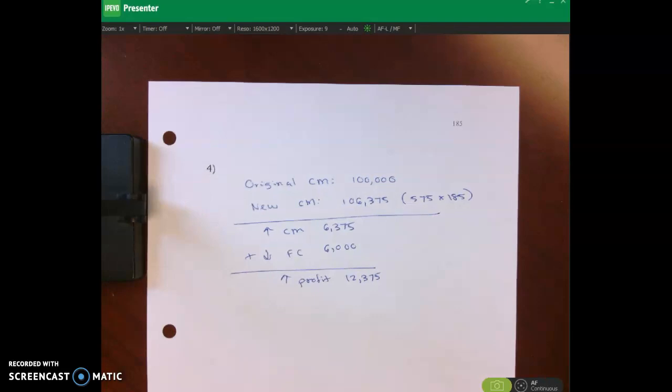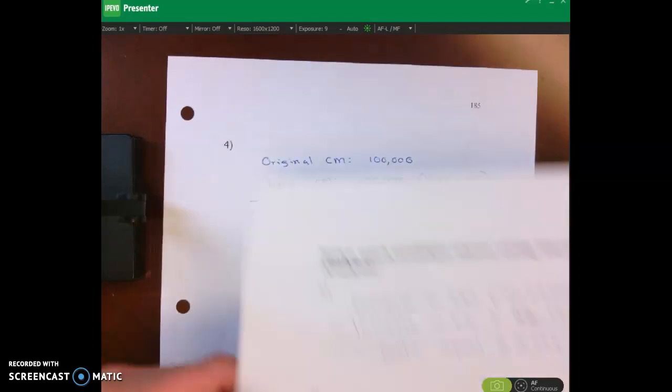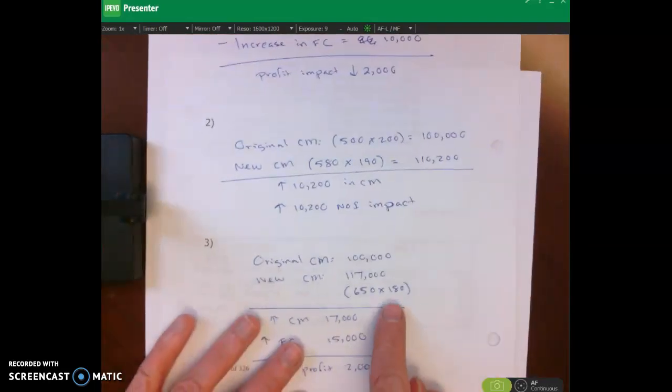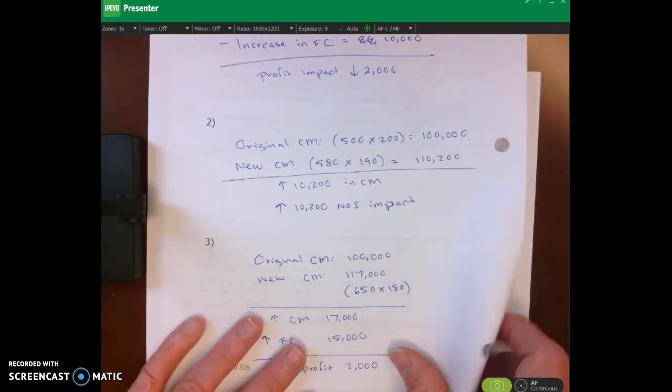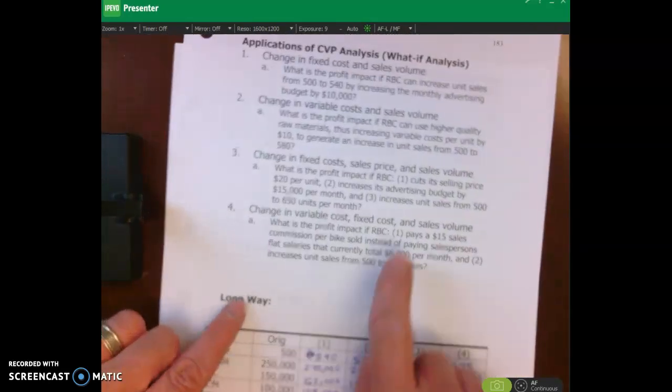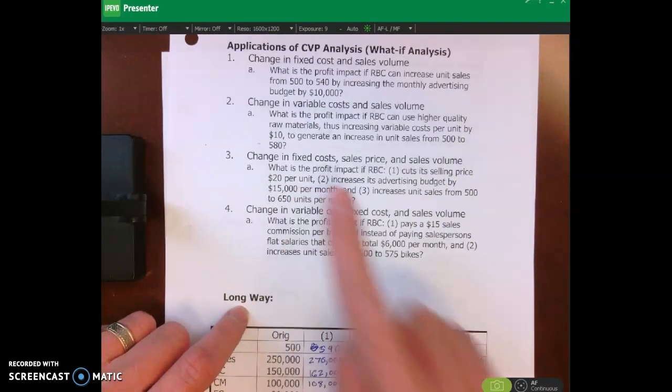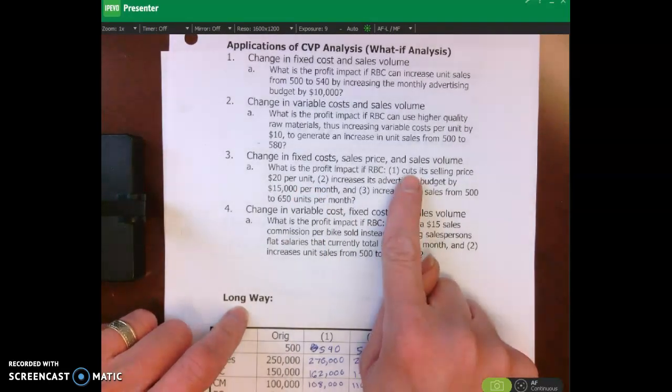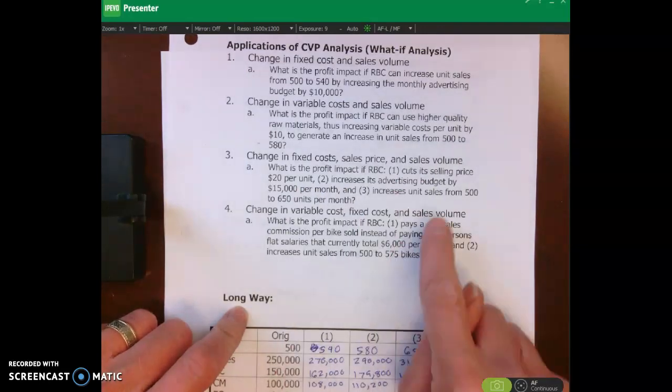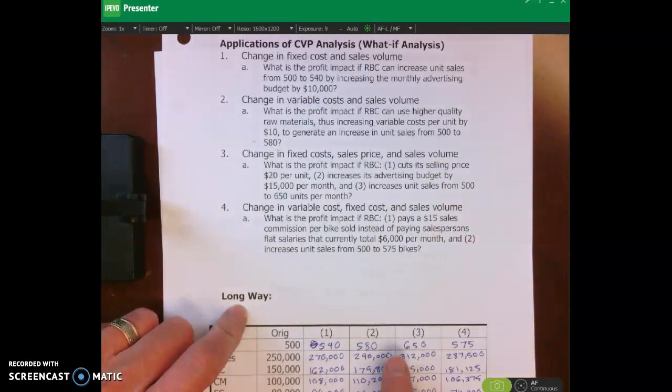Okay. So let me go back over here and talk about how I got this 180 again. So if we look at number 3, we cut the selling price by $20 a unit. So now it becomes $480, which is the new selling price, was $500. Now it's $480 minus my $300 variable expenses per unit gives me the 180.